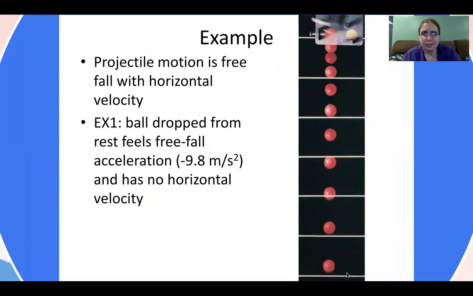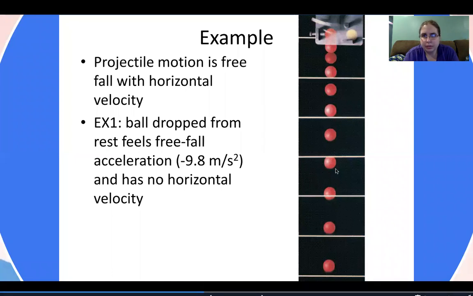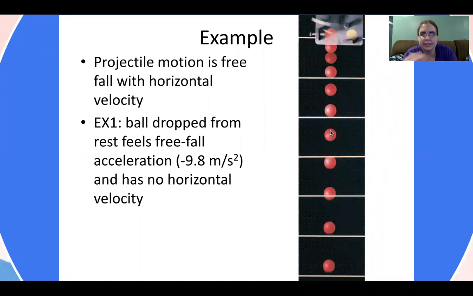So essentially, projectile motion is free fall, but with horizontal velocity. Here we show an example. This red ball is demonstrating free fall. It was simply dropped.